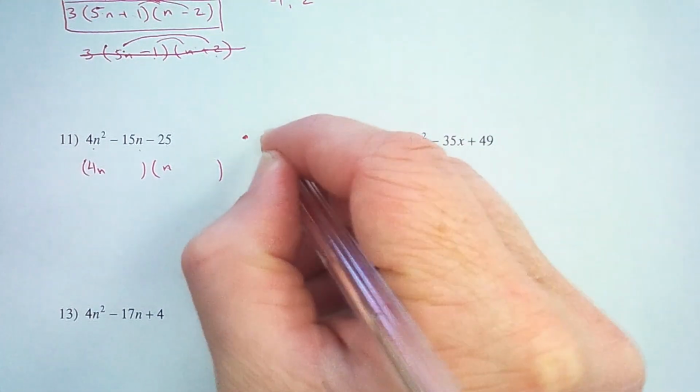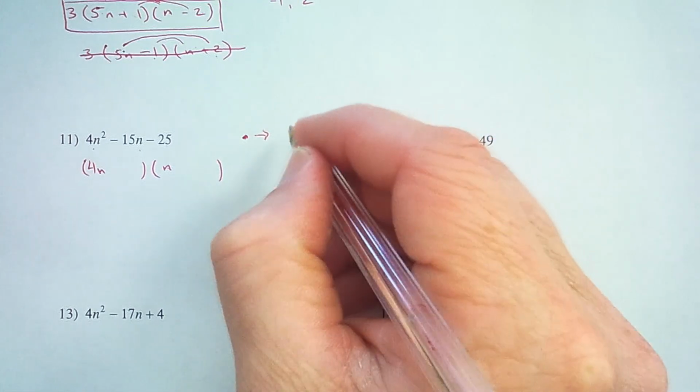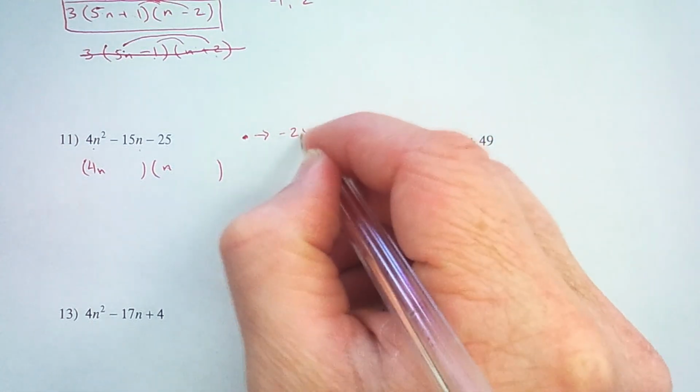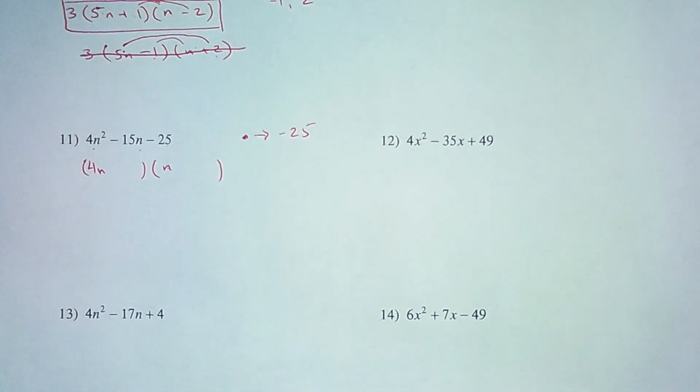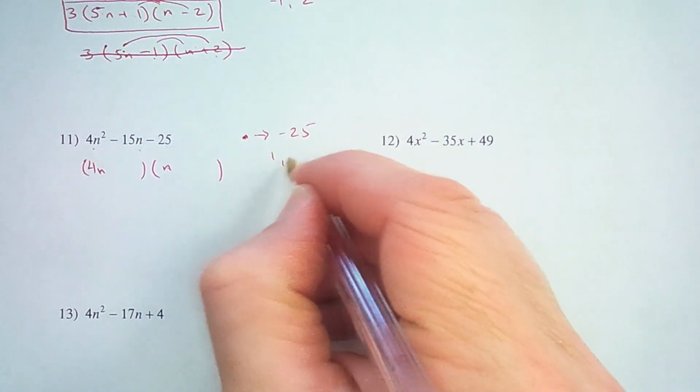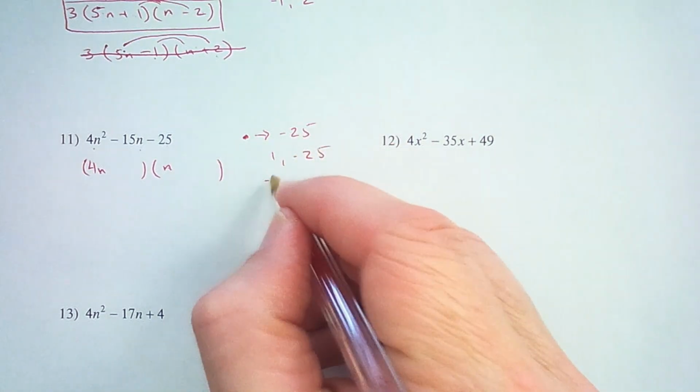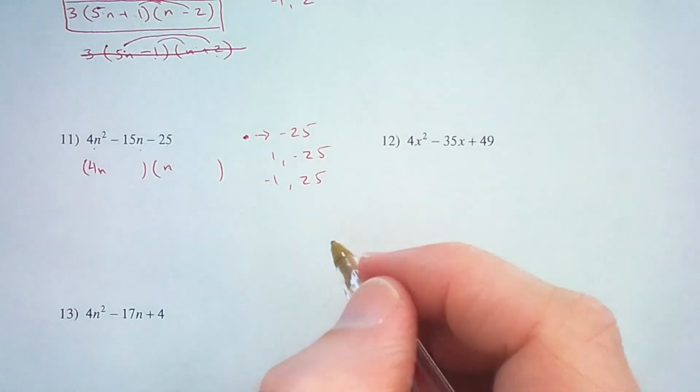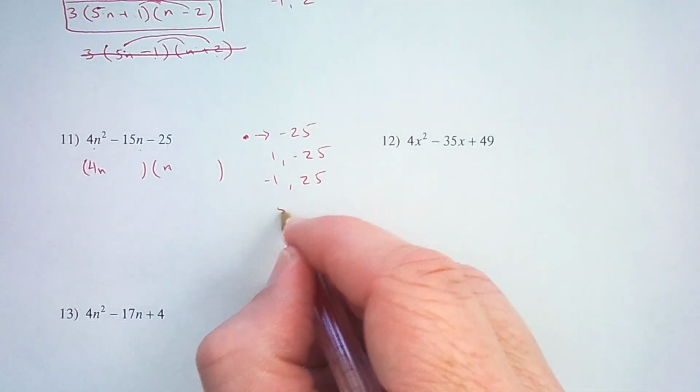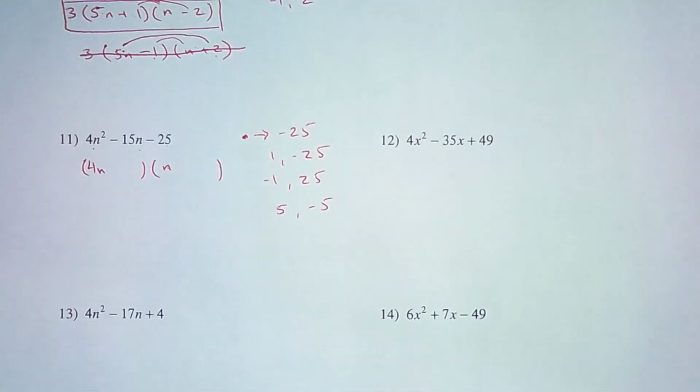Okay, so we need to be able to multiply to make negative 25. Now the ways we can do that are 1 and negative 25, negative 1 and 25, and then there's 5 and negative 5, or of course I could switch those to negative 5 and 5.